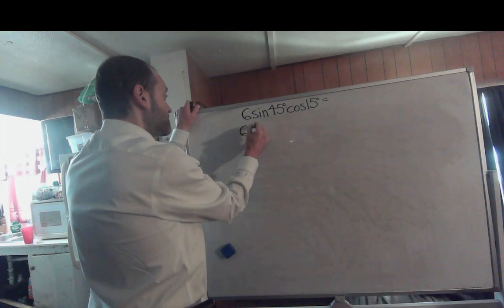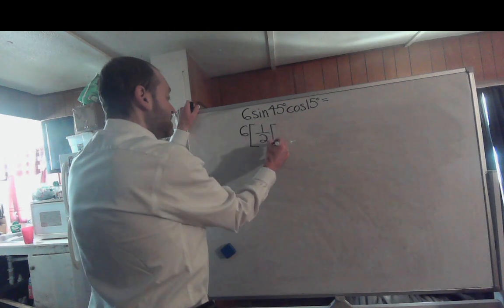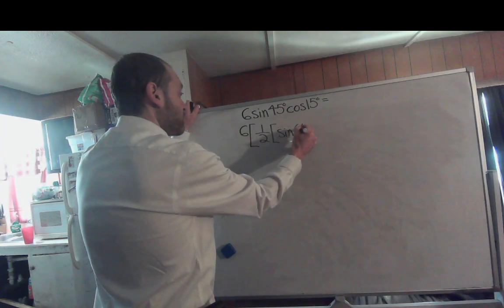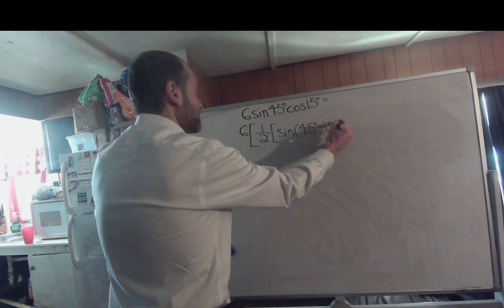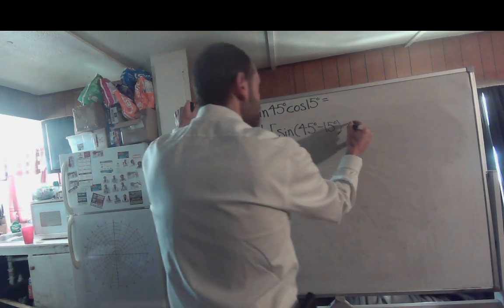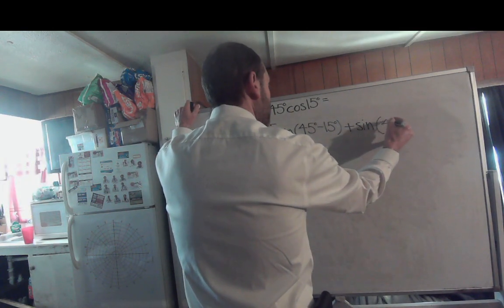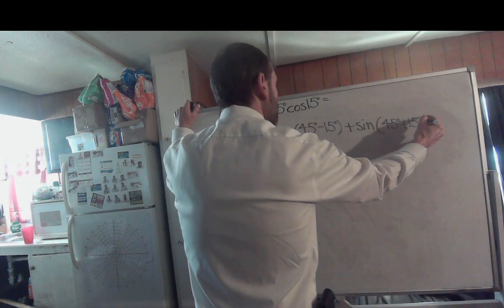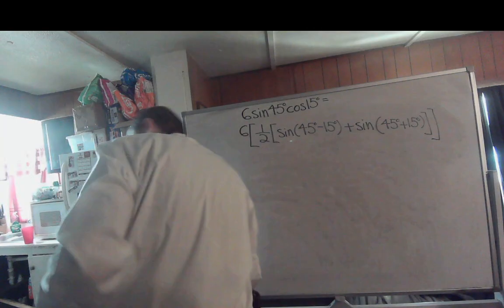So that would equal 6 times the quantity of 1/2 times the quantity of the sine of 45 degrees minus 15 degrees plus the sine of 45 degrees plus 15 degrees. So this is going to get to be fun.